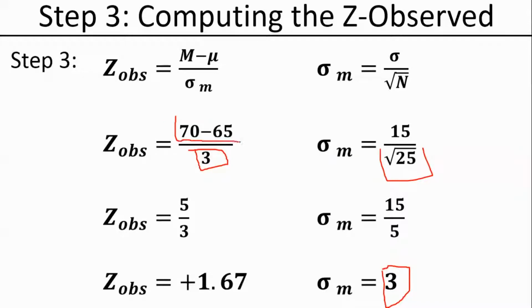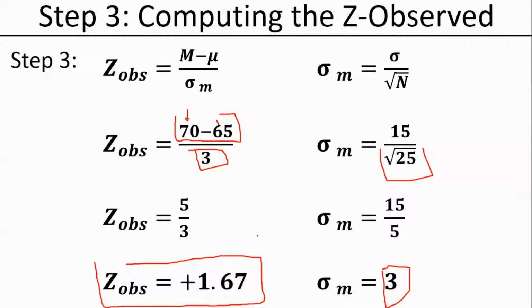We're looking at our mean difference, so this is our sample mean, this is our population mean. And we get a z observed of 1.67, which is important. So we need to mentally keep that in our heads, a positive 1.67.